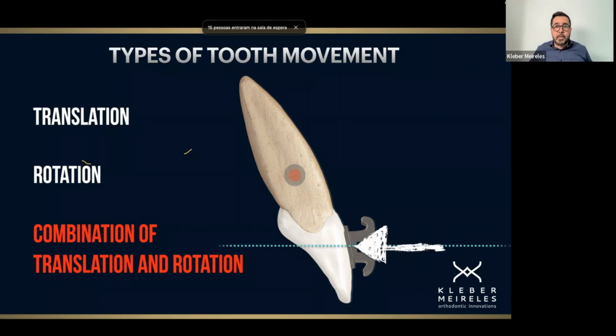The inclination. We're applying the line of action of the force far from the center of resistance, not passing through the center of resistance. So we're generating the movement of the body, but not in a translatory type of movement, but a tipping or inclination is going to take place.